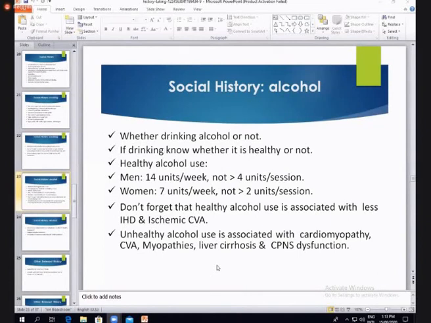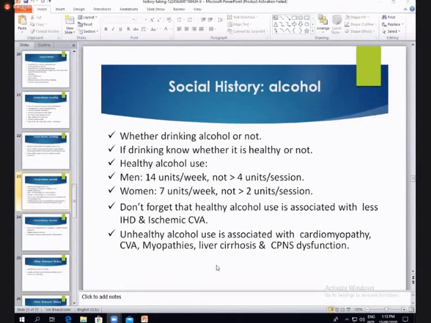Alcoholism is associated with a number of diseases, the most important of which, very prevalent in our part of the world now, is alcoholic liver disease, alcoholic cirrhosis. And you need to evaluate the type of the alcohol, the amount of the alcohol, whether it is falling into the safe range or not. That is, men should not take greater than 4 units per session.